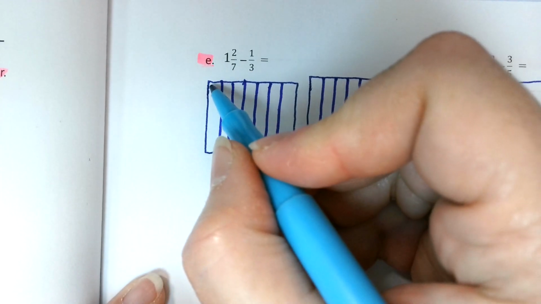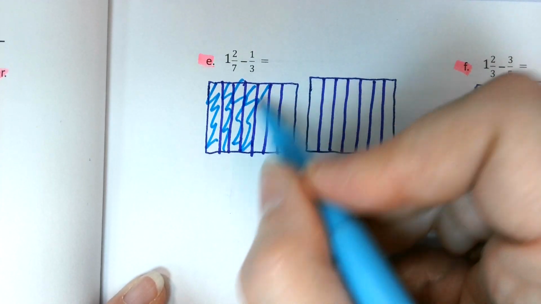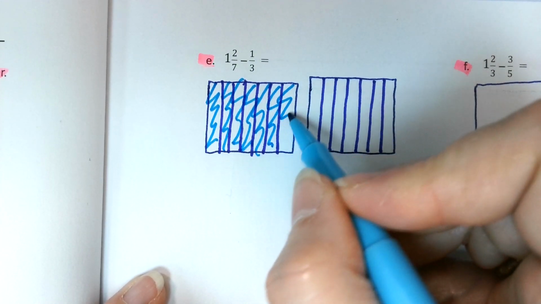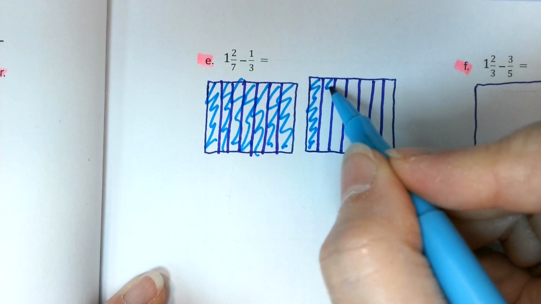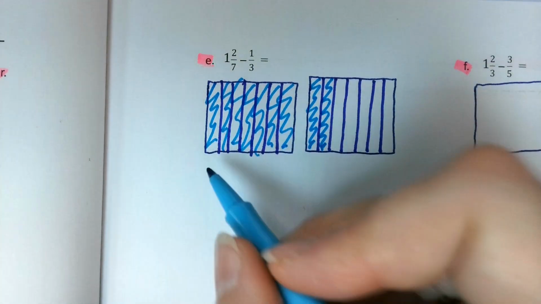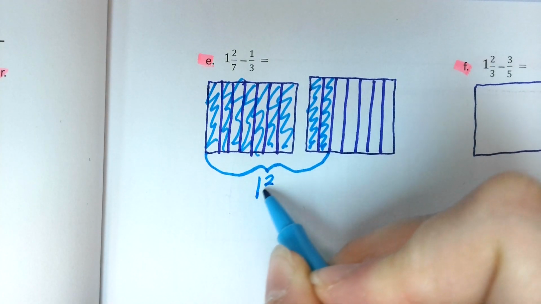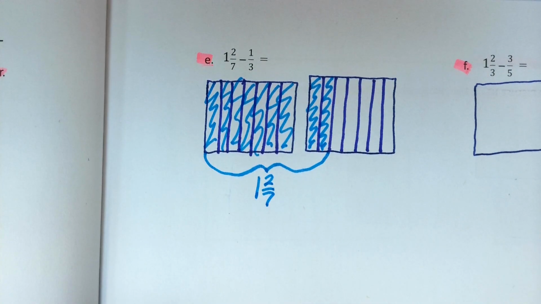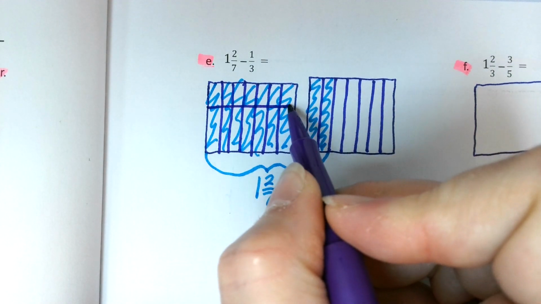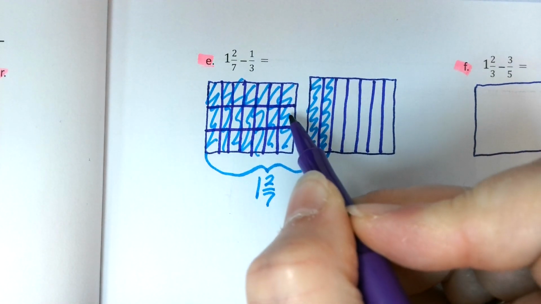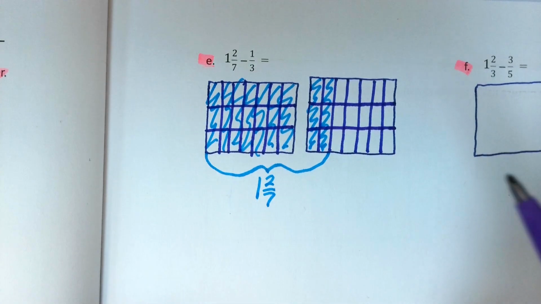Now I need to shade my one whole. And it says I'm going to have an additional 2 sevenths. This is my 1 and 2 sevenths. Now I'm going to do thirds. 1, 2, 3.